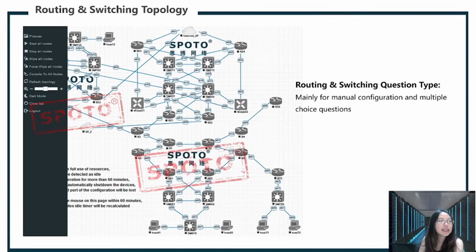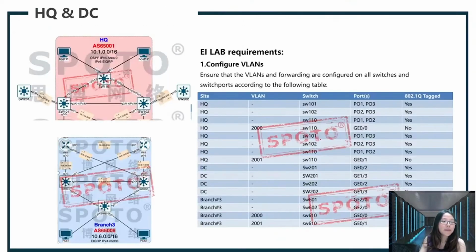This is the complete routing and switching module, which requires us to accurately ensure that the phenomena of each requirement can occur normally. Let's see the new requirement about the new version.